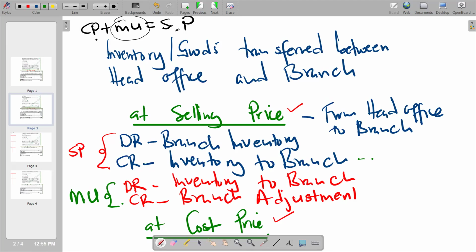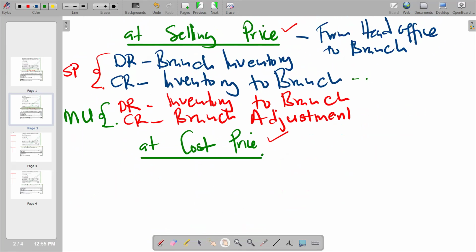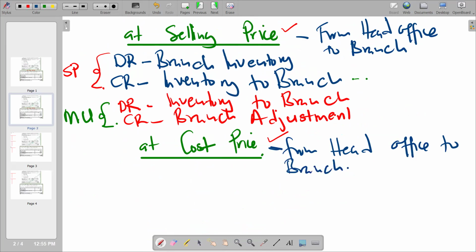So we look at the second scenario whereby we have got a movement from head office to branch, but this time it's at cost price. So at cost price, it means the value that is in the inventory to branch is going to be transferred at cost price. So there's no need for this second double entry.